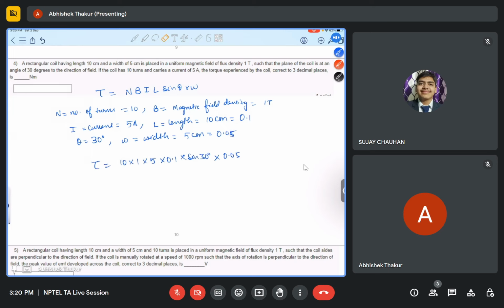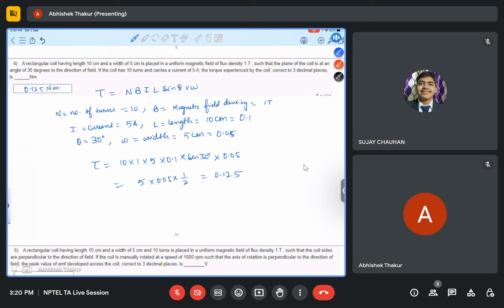So this will become 50 into 0.1 into 0.05 into 1 by 2, that is equal to 0.125 at 3 decimal places. So 0.125 Newton meter is the correct option for this question. Correct answer for this question.